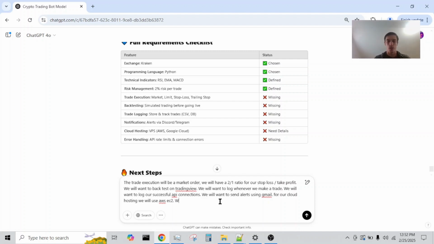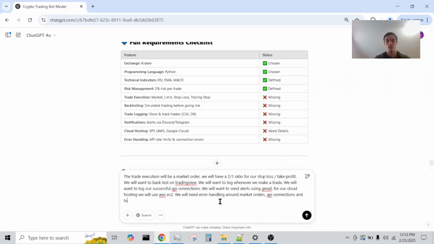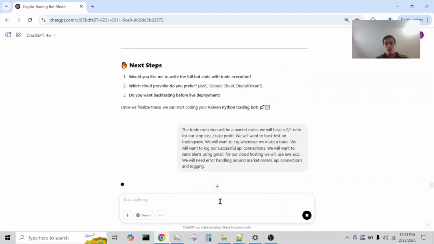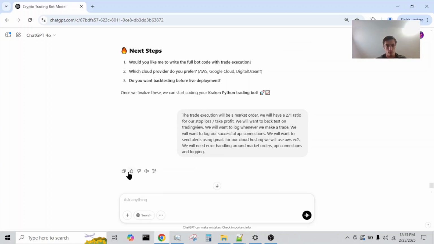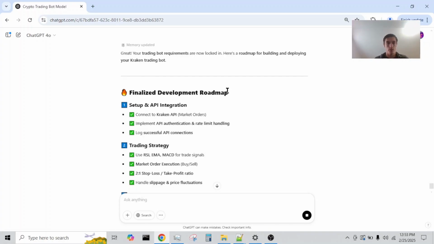So we will need error handling around market orders, API connections, and logging for now. Okay, so let's just enter that and let that sit for a little bit. So here's our deployment map.